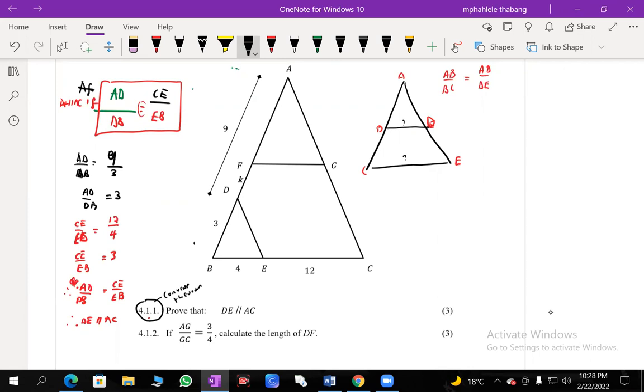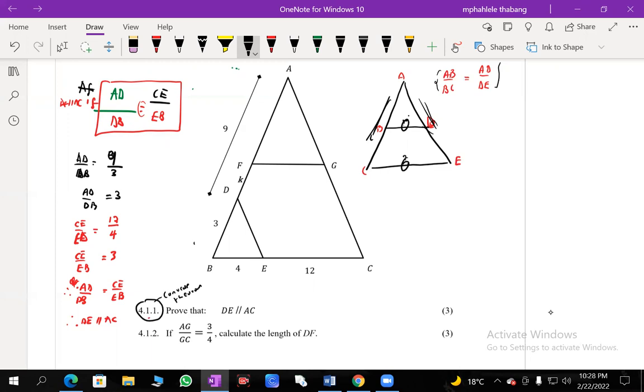Is this guy talking about the converse of that theorem? The lines are parallel, the sides are in proportion. The sides are in proportion, the lines are parallel. Vice versa. If lines are parallel, sides are in proportion.